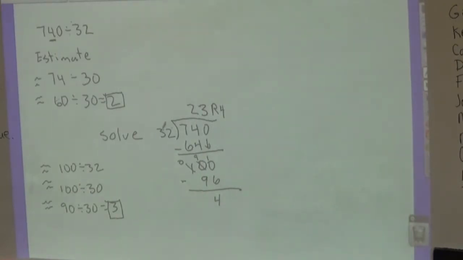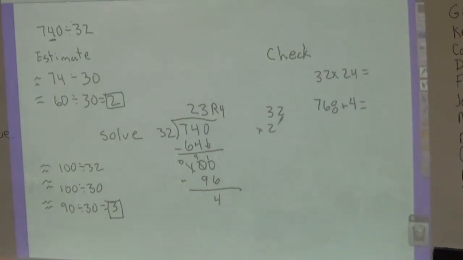Now we'll do our check. It does not matter whether you put the 23 on top of the 32 in the standard algorithm for multiplication, but I tend to like to put the larger number on the top when I'm doing my check. Check. 23, and then just copy. 3 times 2 is 6. 3 times 3 is 9. 0. 2 times 2 is 4. 2 times 3 is 6.